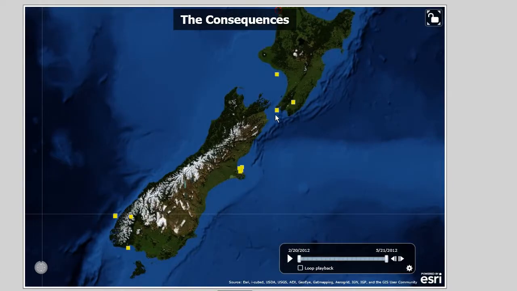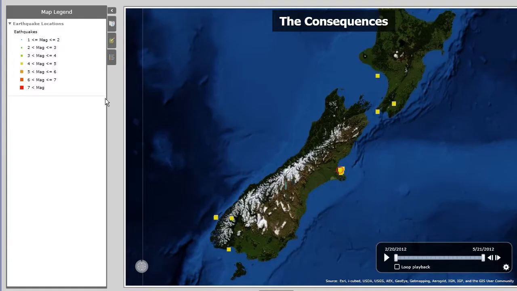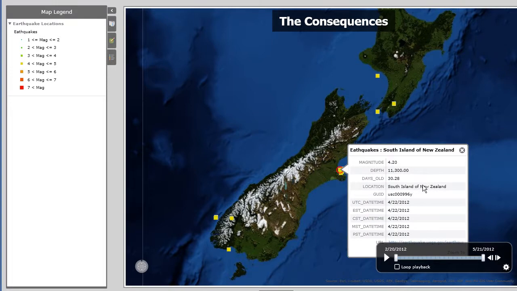Now I've got earthquake locations here, and as you know, in the news we've had lots of earthquakes in the last couple of years over here in Christchurch, New Zealand, on the South Island.